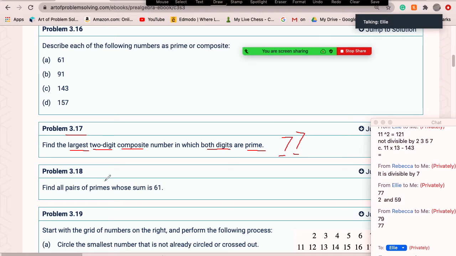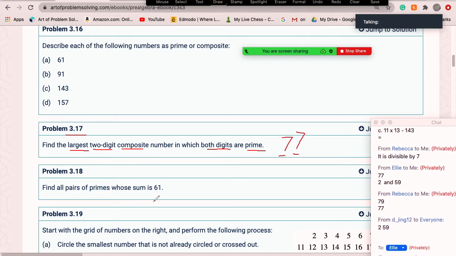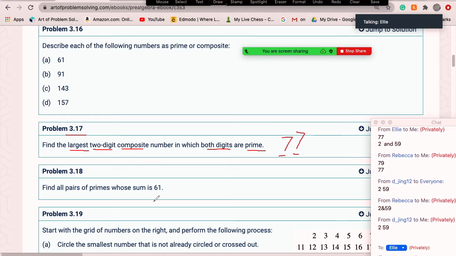For 3.18, find all pairs of primes whose sum is 61. Okay, Eddie got this one right. Is there only one pair you can find? How many pairs are there?